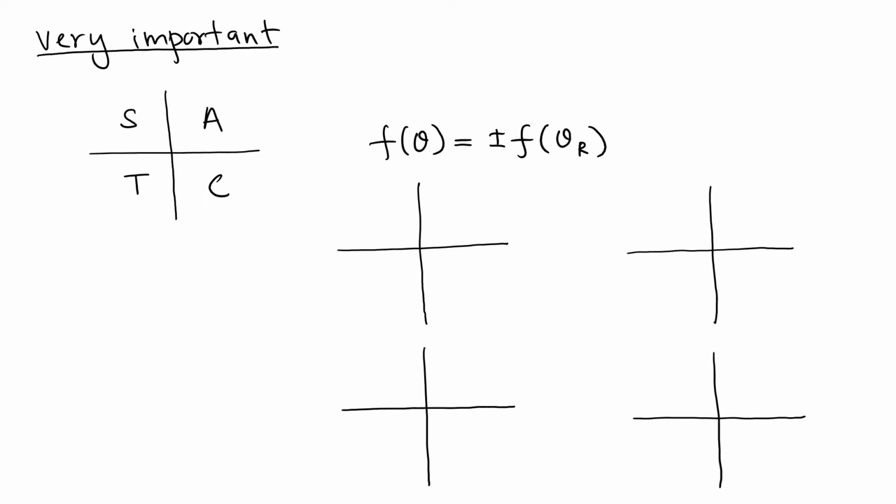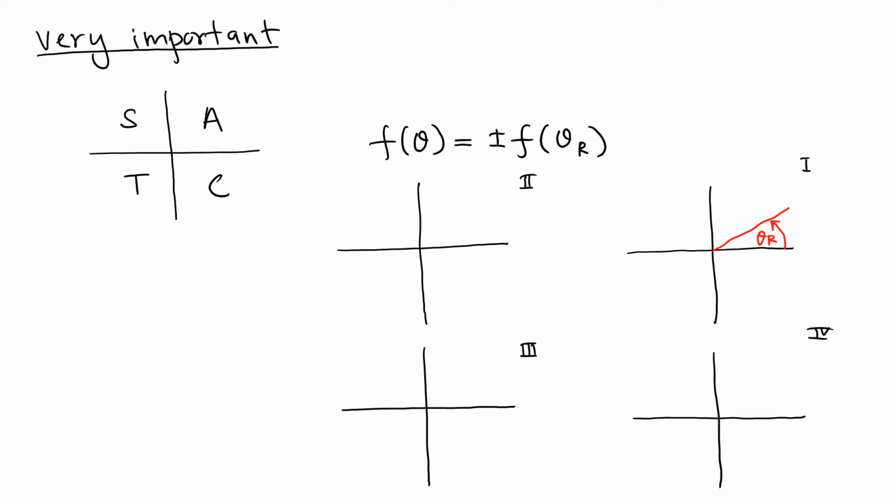These are the 4 cases that we have: the first quadrant, the second quadrant, the third quadrant, and the fourth quadrant. Let's say the angle is in the first quadrant. This is the angle. In this case, the reference angle theta r is simply given by the difference between the angle and the angle on the x-axis.